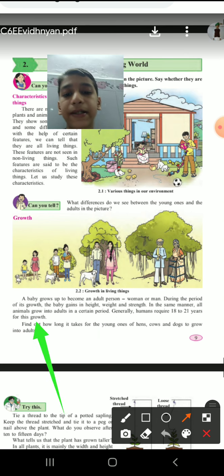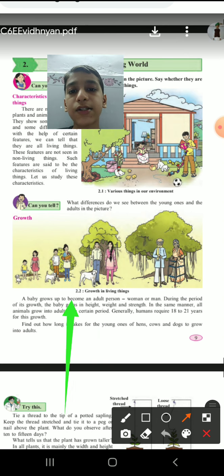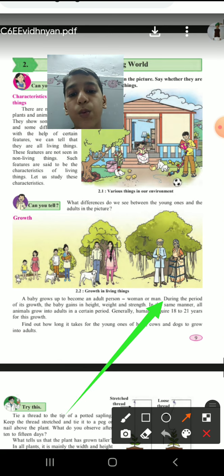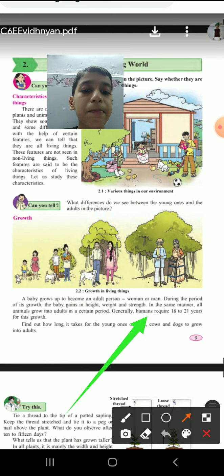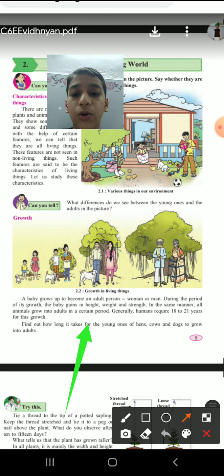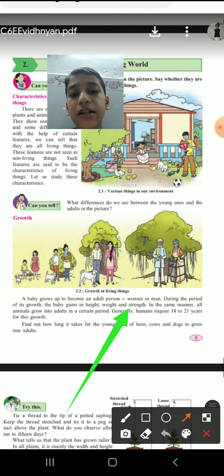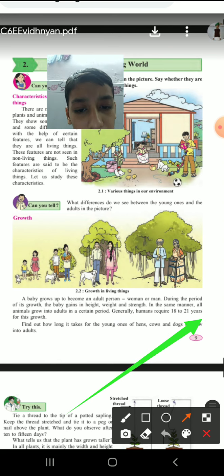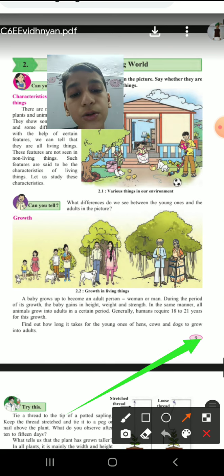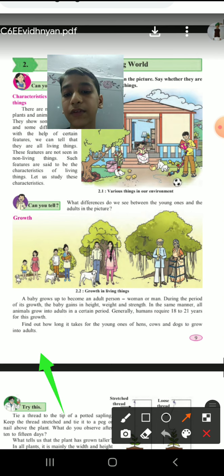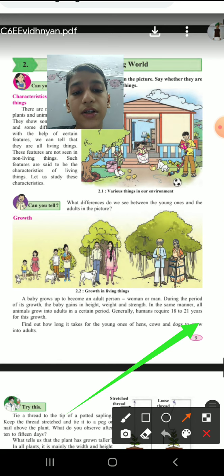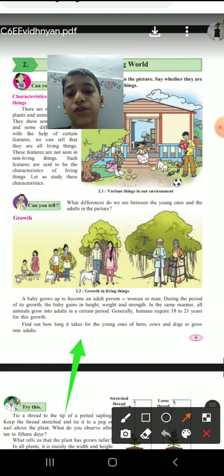During the period of its growth, the baby gains in height, weight and strength. In the same manner, all animals grow into adults in a certain period. Generally, humans require 18 to 21 years for growth. Find out how long it takes for the young ones of hens, cows and dogs to grow into adults.